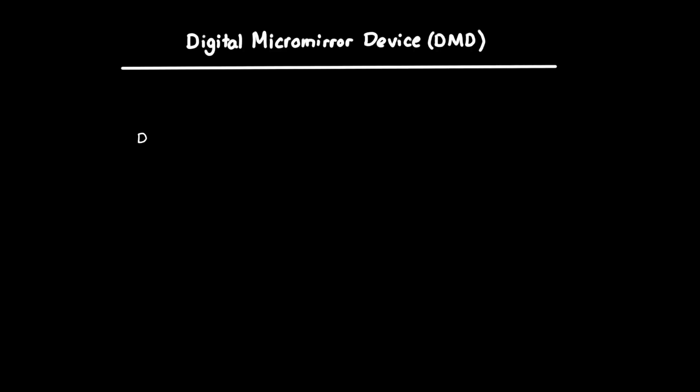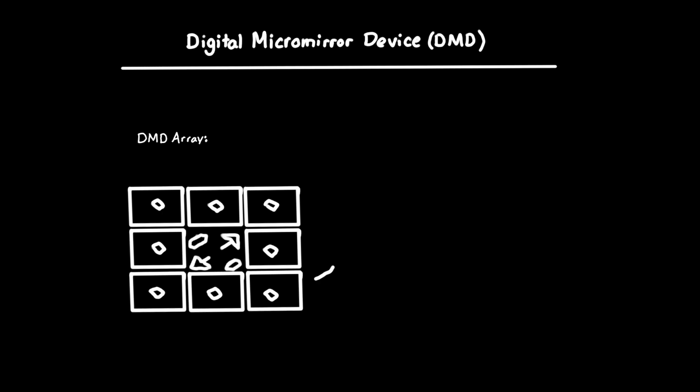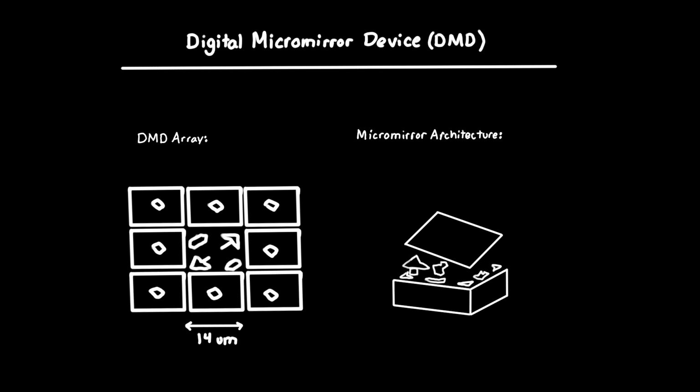A DMD is a digital micromirror device that is an array of very small rotatable mirrors. Each mirror is 10 by 10 to 17 by 17 micrometers, depending on the DMD. These micromirrors can be mechanically tilted in an on or off state depending on the signal's pixel information.